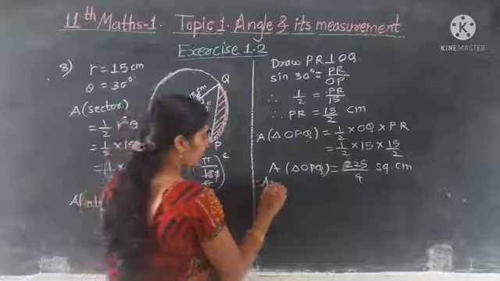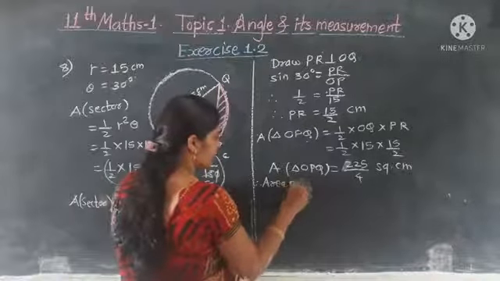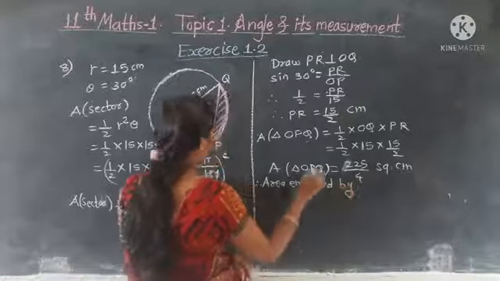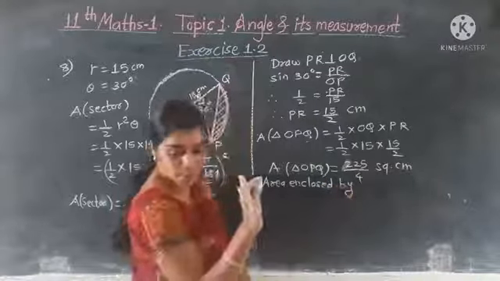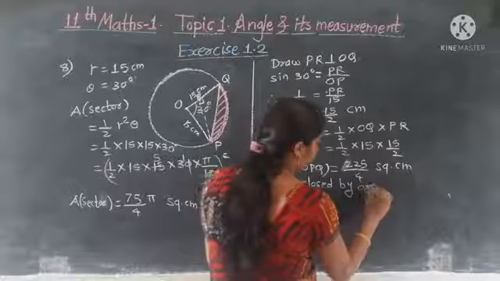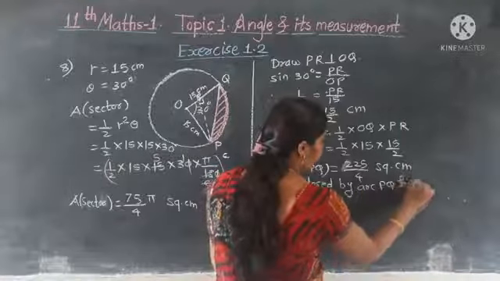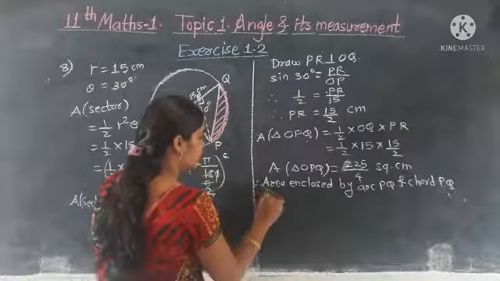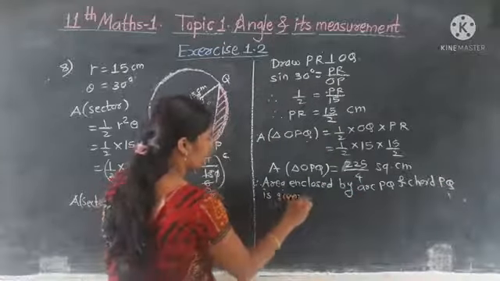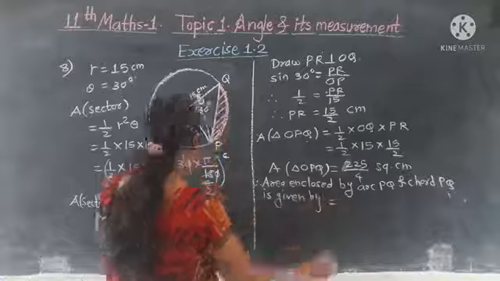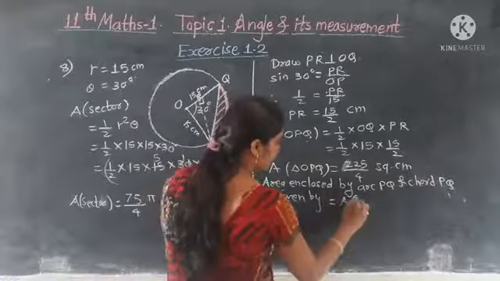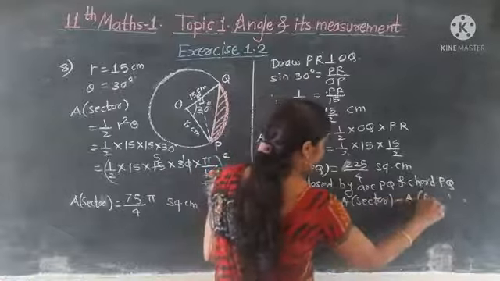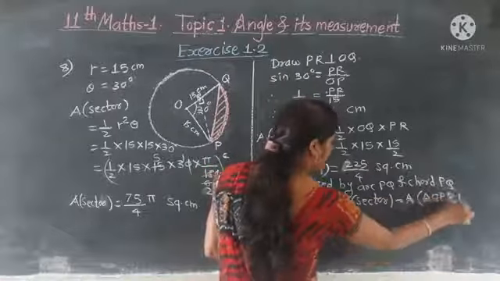Therefore, area enclosed by arc PQ and chord PQ is given by. How to find this? We find by area of sector minus area of triangle OPQ.